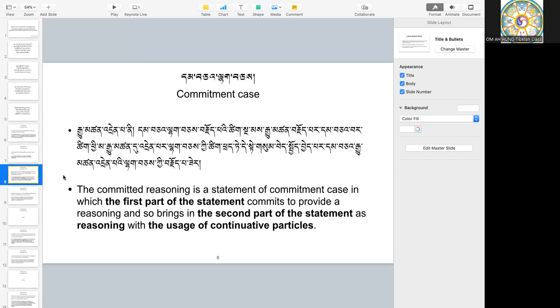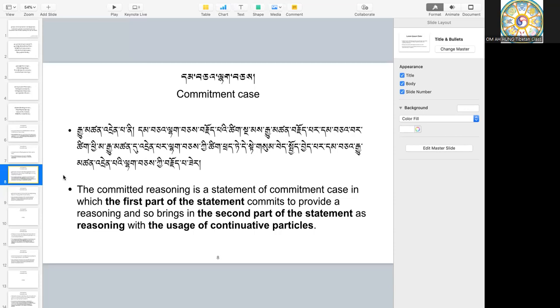And as it has committed, it has to bring a reasoning, and that particular reasoning, for whichever case it may have been stated, is the second part of the statement, which is joined with the first part by the continuative particle.